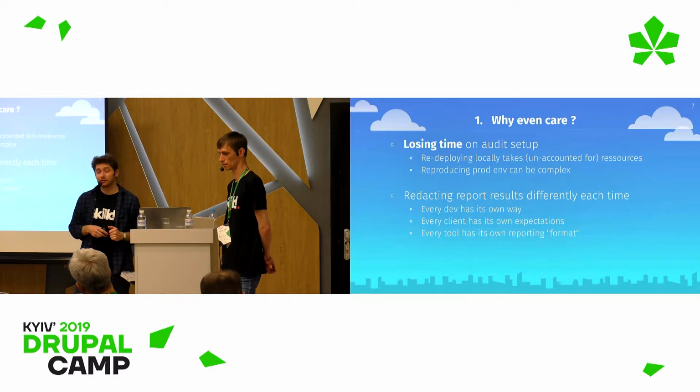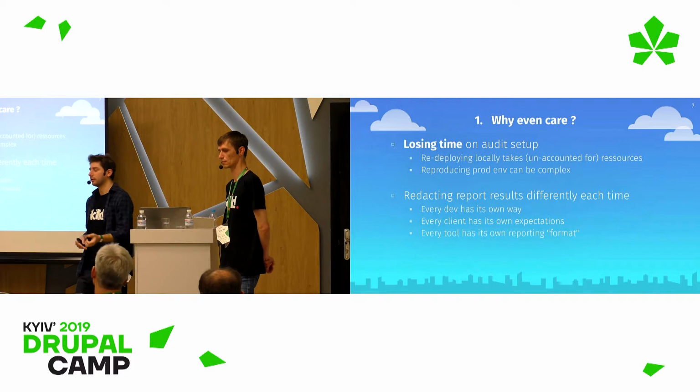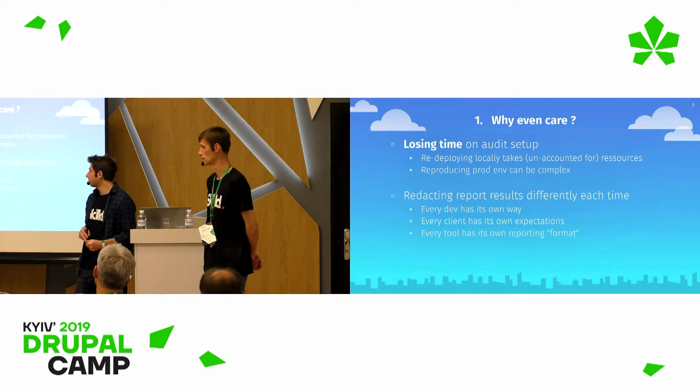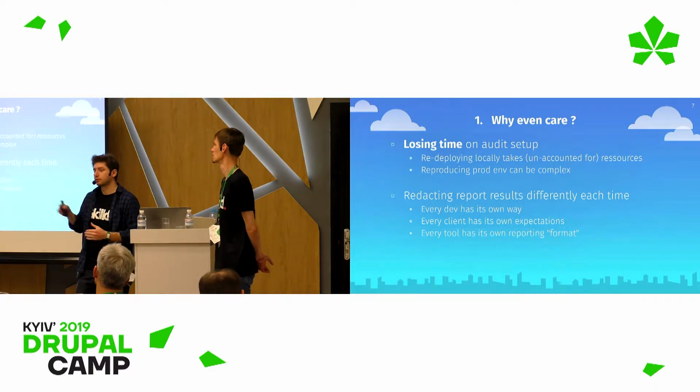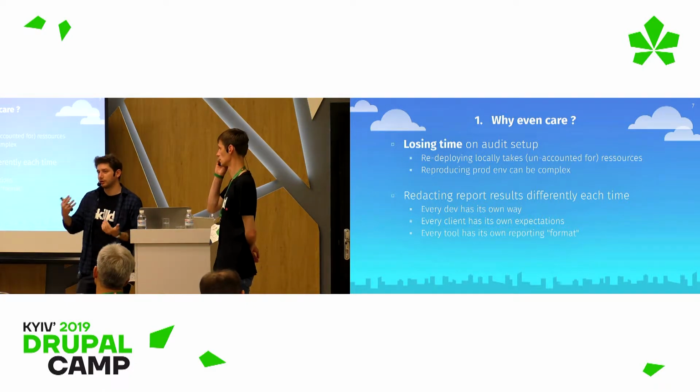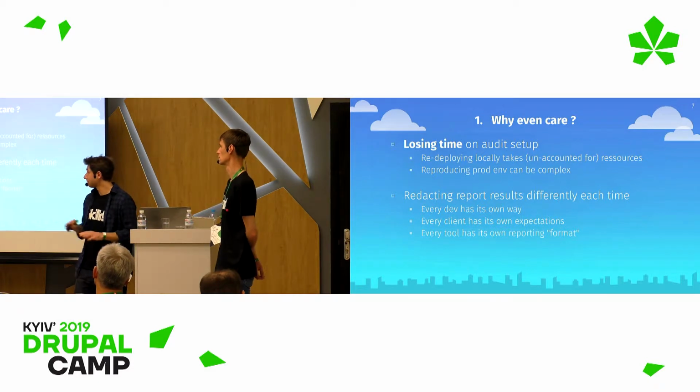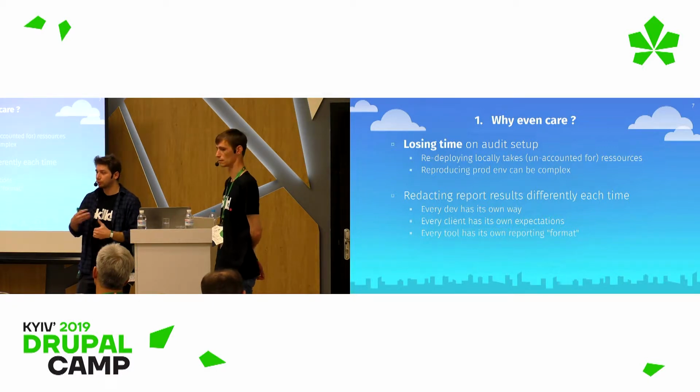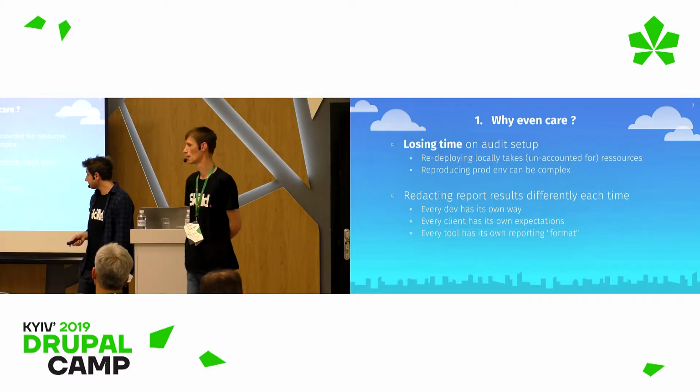And actually, it's consuming a lot of time to make that happen at the beginning, because it's hard to reproduce the environment of the client, which could be really different. Maybe it's running on a Windows OS server, maybe it's running on Azure, or maybe it's running on different things that are going to be hard to reproduce locally and to get the same behavior. So that's a really bad point, and we always lose time to spin up the site at the beginning.